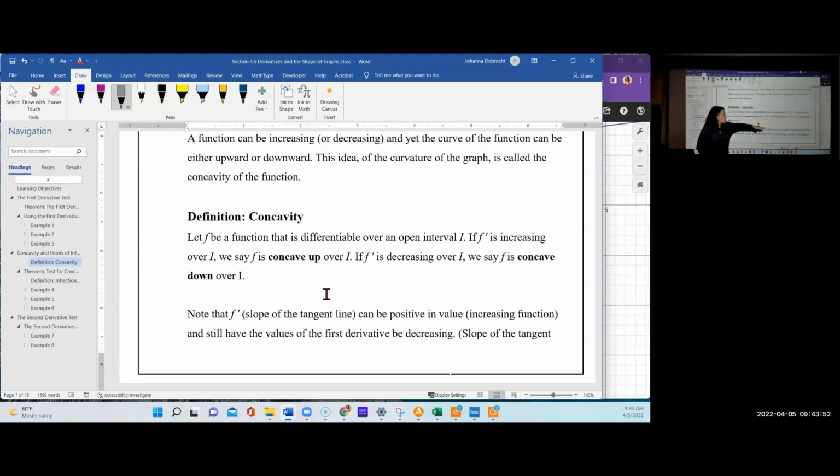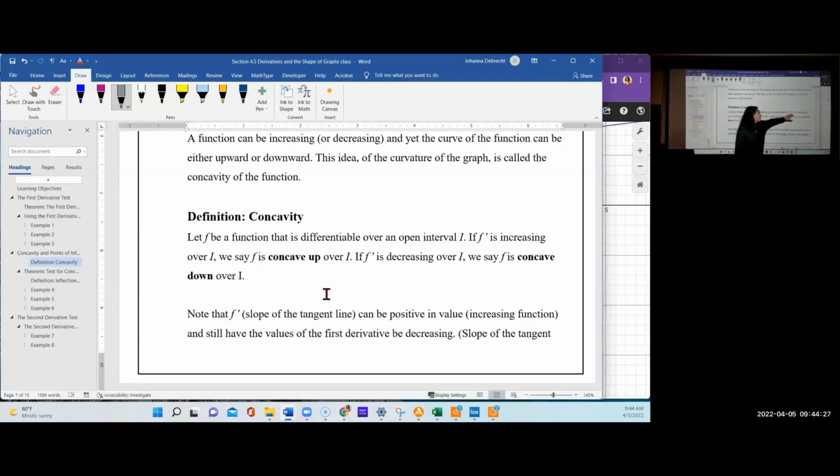So in other words, it's tilted uphill and more tilted uphill. So that means that it's concave up. If it's decreasing and becoming more decreasing, it's bending down. So if the first derivative is decreasing over the interval, we say that it is concave down. Because we're looking at increasing and decreasing behavior of the first derivative, we can use the derivative of the derivative to determine where it's increasing and decreasing.